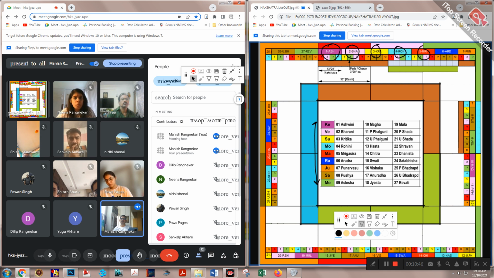Can you see Mars, Rahu, Jupiter, Saturn, Mercury, and again Ketu? Again, the same sequence you go, it will end here at Mercury, and the third sequence starts here. This was the second sequence. This arrow I am doing just to indicate the Ketu.